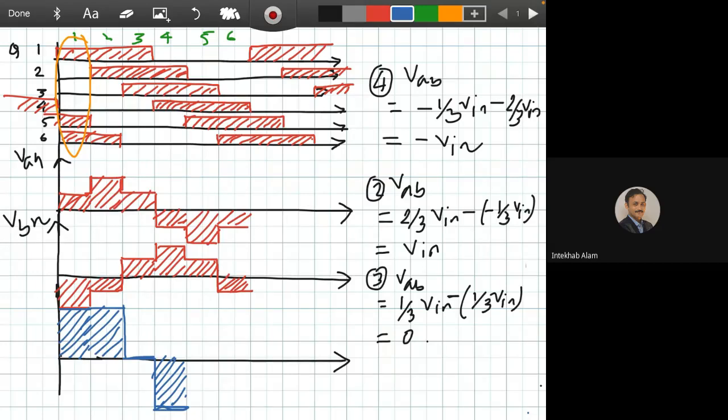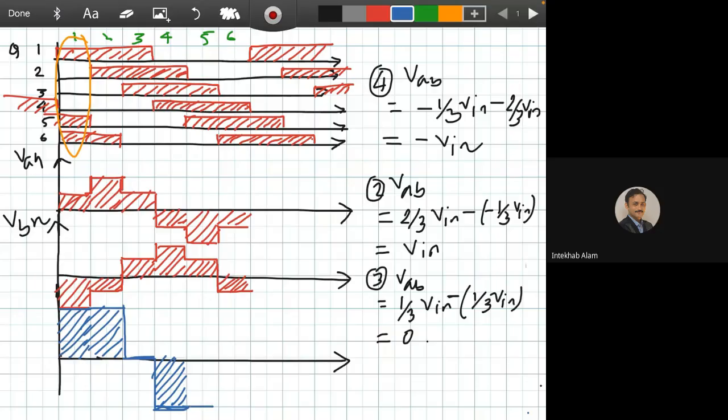So for mode 5, Minhaj Ahmed? Same will come, sir, minus VIN. Good. Yes, sir. So what will be the value of VAB in mode 6, Minhaj Ahmed?